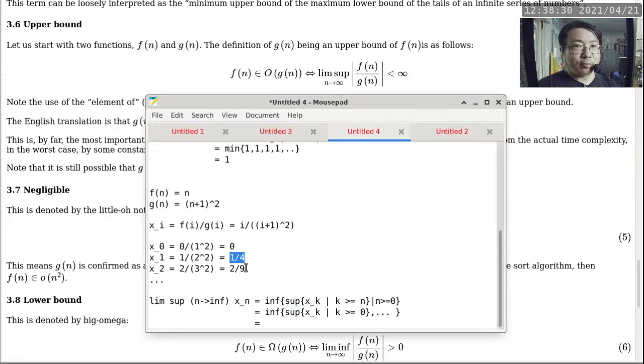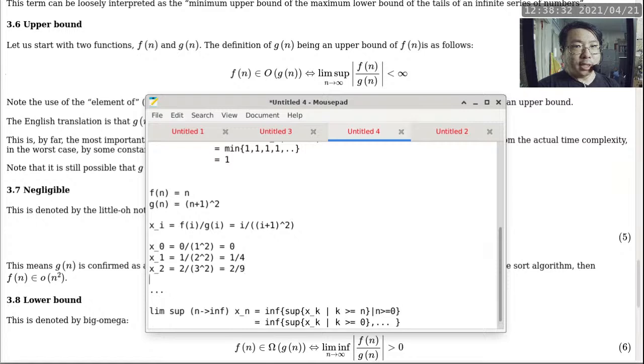So now the question is, what do you think is going to be the next one? x underscore 3 is 3 divided by 4 squared, and that's going to be 3 divided by 16, right? So now, just looking at this particular trend, do you think any element after x underscore 3 can potentially be greater than or equal to 1/4?